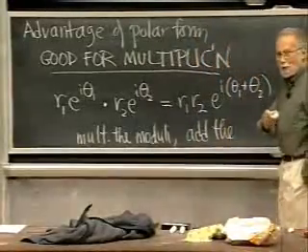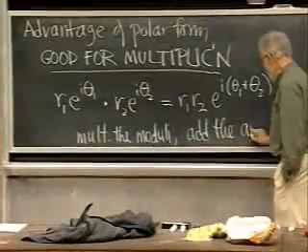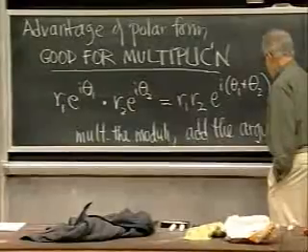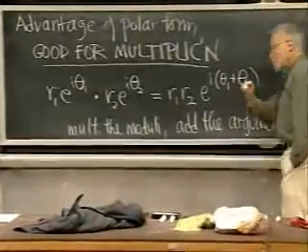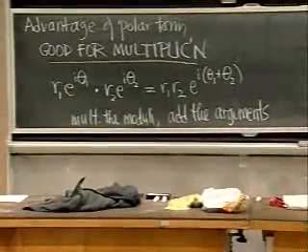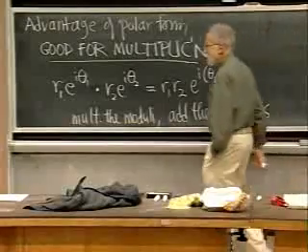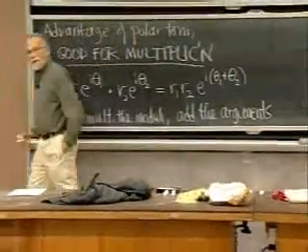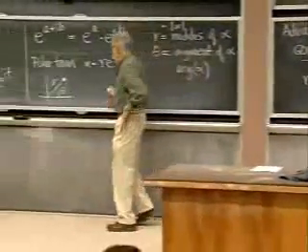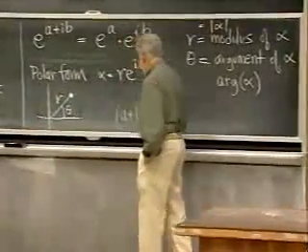You put down in your books angles, but I'm being photographed, so I'm going to write arguments. In other words, it makes the geometric content of multiplication clear in a sense in which the Cartesian formula is extremely unclear.